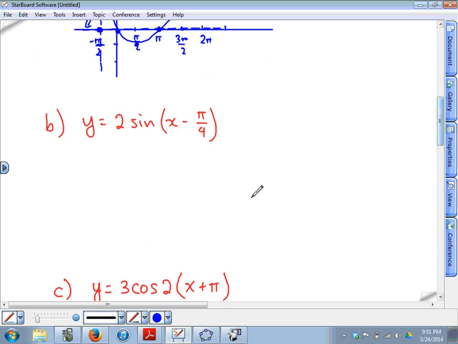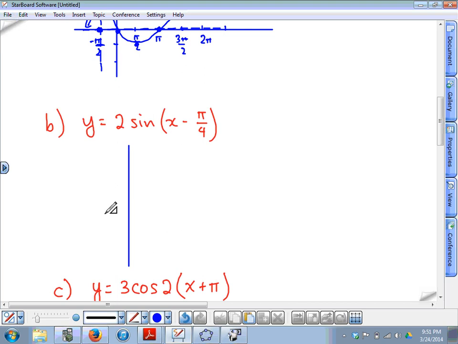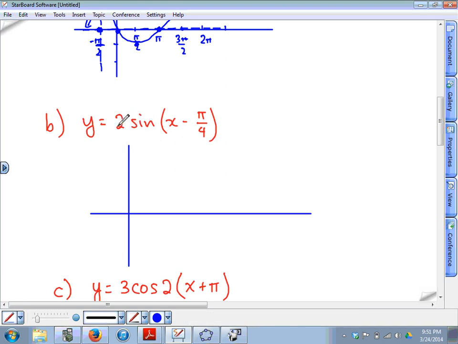Okay, for part B, we have a couple of changes here. This 2 in front of the sine function is affecting the amplitude, so it's going as high as 2 and as low as negative 2.